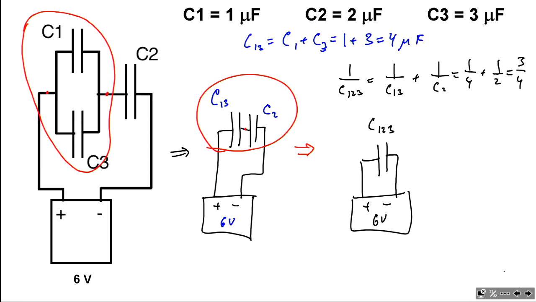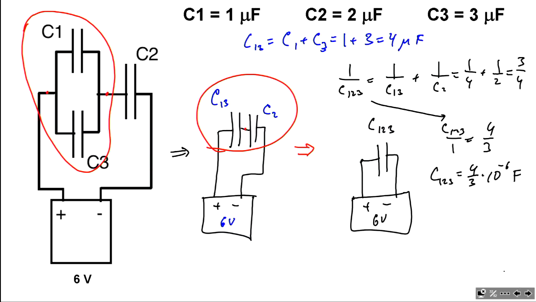Have to make an extra step. So this is 4/3 microfarads, the equivalent capacitance of this single capacitor, which can replace all 3 capacitors.